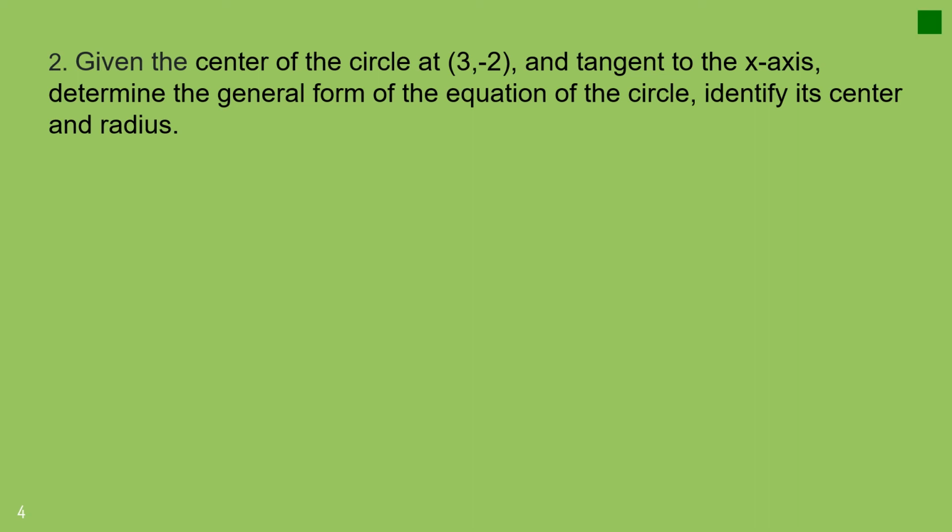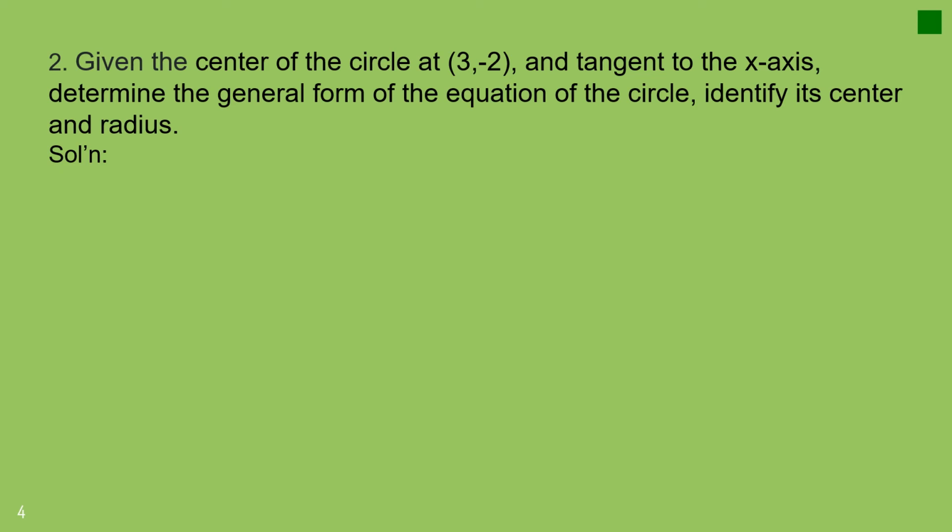Alright, let's proceed now to problem number 2. Given the center of the circle at 3, negative 2, tangent to the x-axis, determine the general form of the equation of the circle, identify its center and radius. Okay, so let's try to solve this problem. Because it is given that the circle has its center at 3, negative 2, and is tangent to the x-axis, the best thing to do here is to try to illustrate the circle.